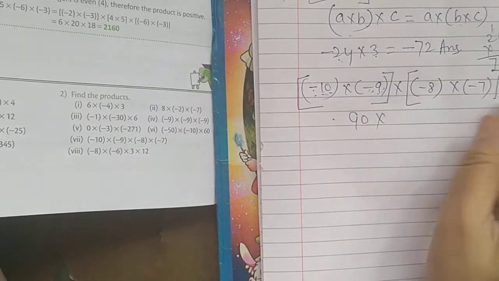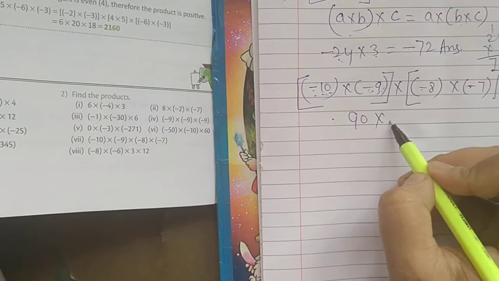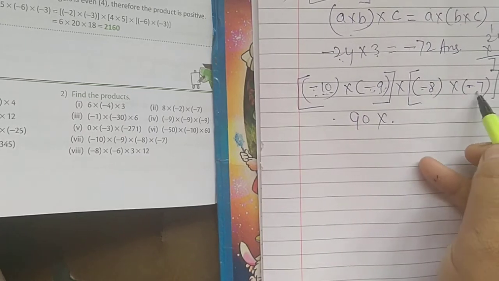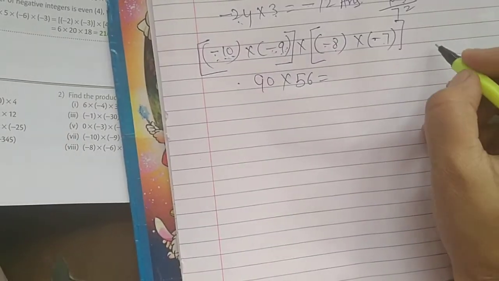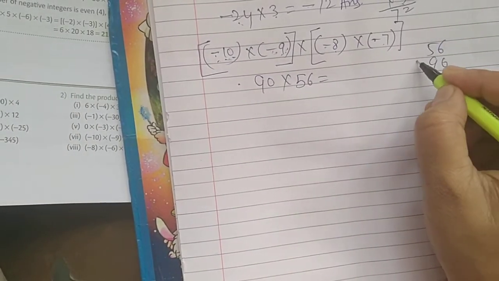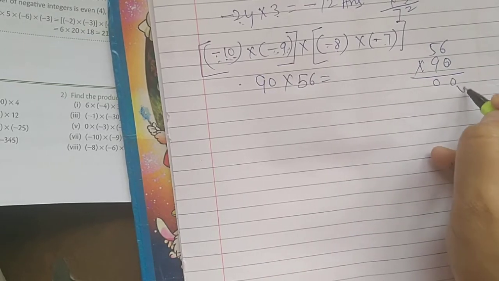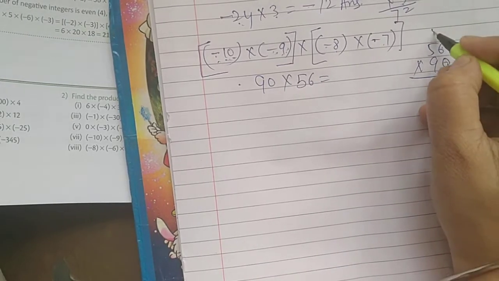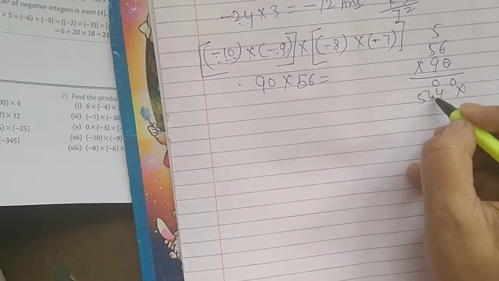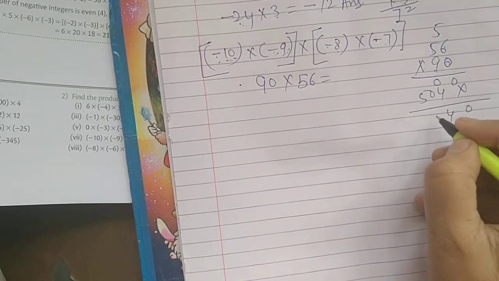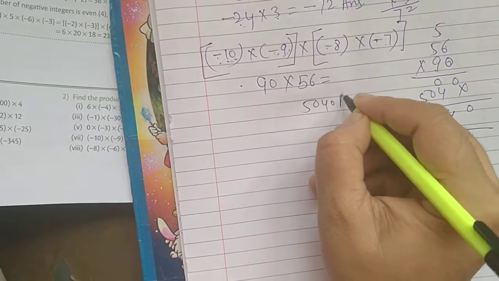Then multiply these separately, minus minus plus, no need to write plus. 7 eights are 56. Now multiply these two, 56 multiply by 90, so 0 0. Then 9 sixes are 54, 9 fives are 45, 45 plus 5 is 50, so 0 4 0 5. So your answer is 5040.